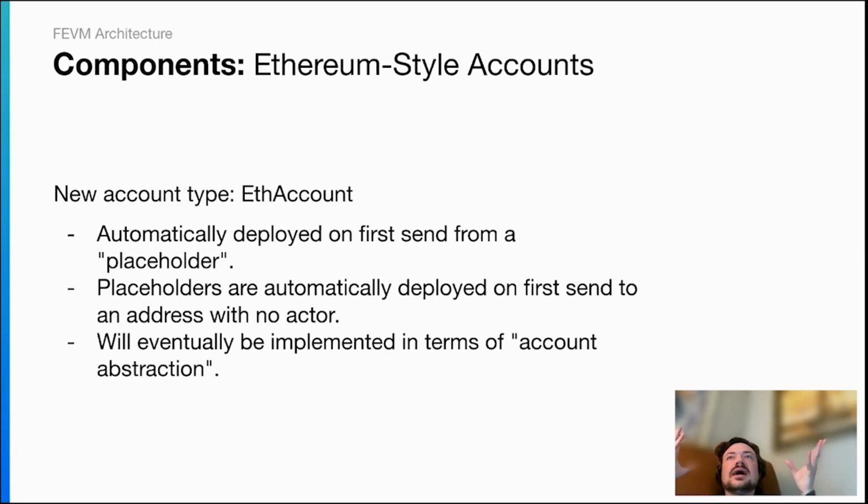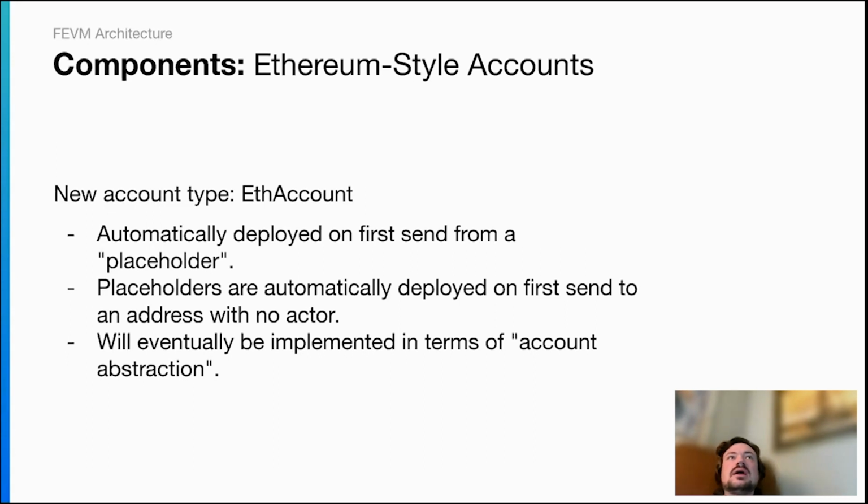Lotus will then, when it's validating that message, turn it back into an Ethereum style transaction and validate the Ethereum transaction signature over that transaction. And if that checks out, it'll say this is a good message. Currently, this is implemented entirely in terms of special sauce for Ethereum transactions.